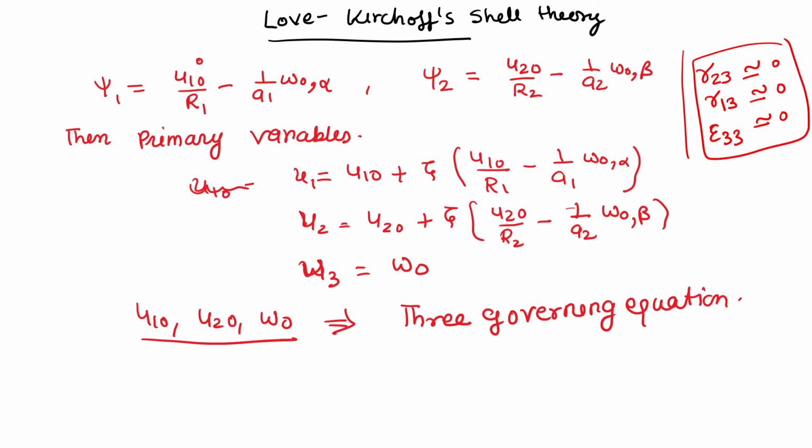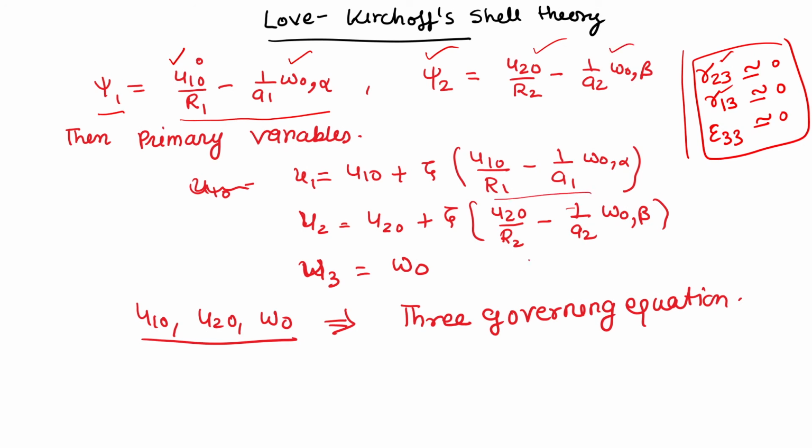There is no change, basically the angle remains 90 degrees. So, if we pose those constraints, then your rotations will be known in terms of in-plane deformation and transverse displacement. Similarly, psi 2 is known to you.